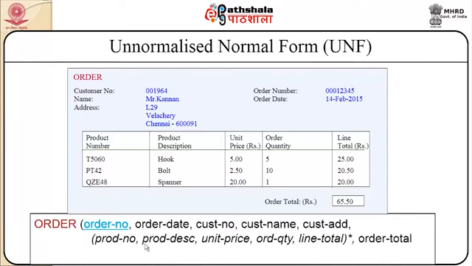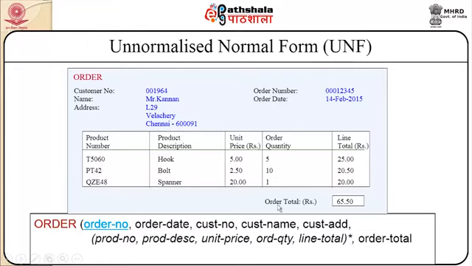If you consider this unnormalized relation, if it is to be converted into a relational database, it involves these as the attributes. From the beginning, order number, order date which is specific to every order is considered. Further, customer number, customer name, customer address, product number, product description, unit price, order quantity, line total, and order total.